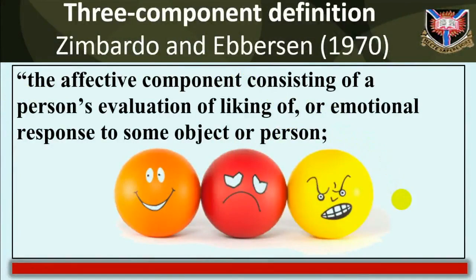From the foregoing, one can say that depending on the perspective of the researcher, attitude can be defined in its measurable terms, that is, the one that suits the purpose of the researcher.